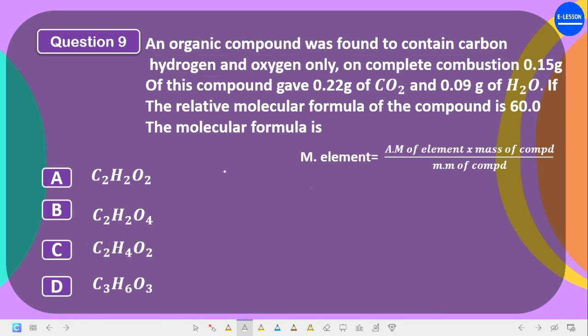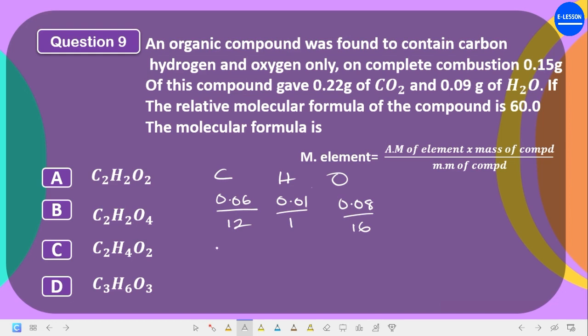So this will be carbon, hydrogen, oxygen. Carbon 0.06, hydrogen 0.01, and finally oxygen 0.08. Now the next thing we need to do is to follow the same approach again. Divide by their atomic mass. Atomic mass of carbon is 12, that of hydrogen is 1, and that of oxygen is 16.